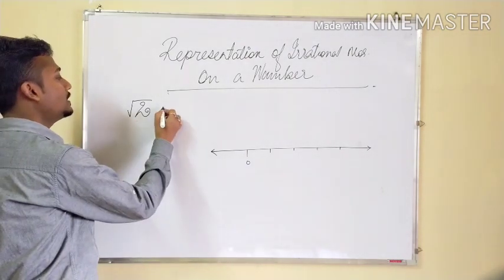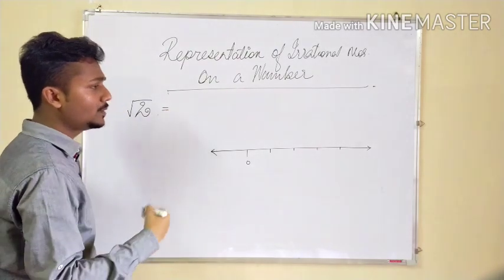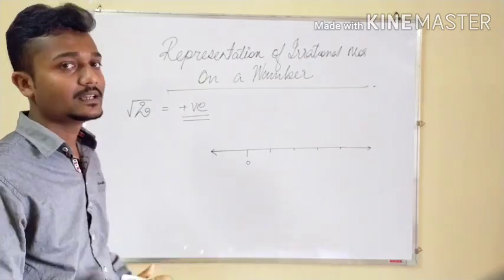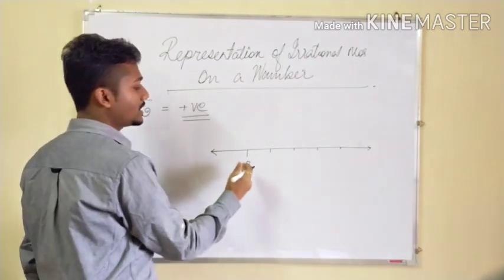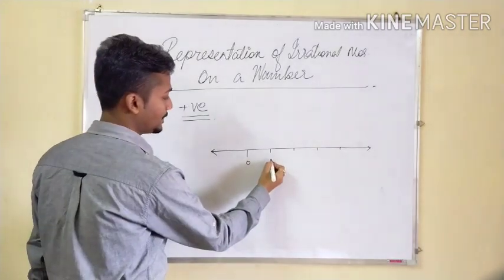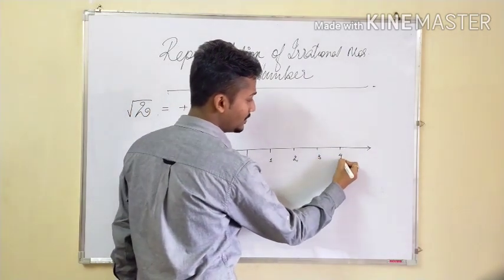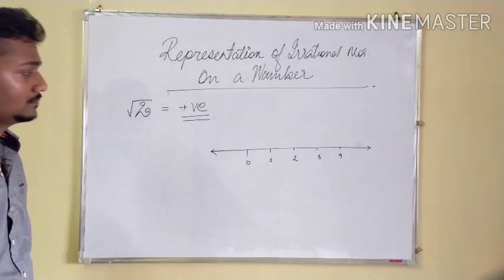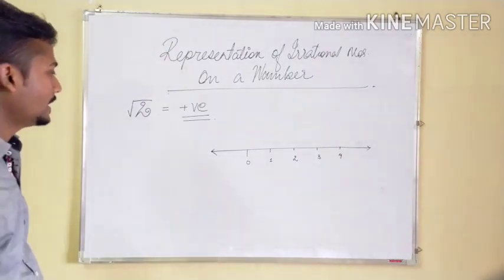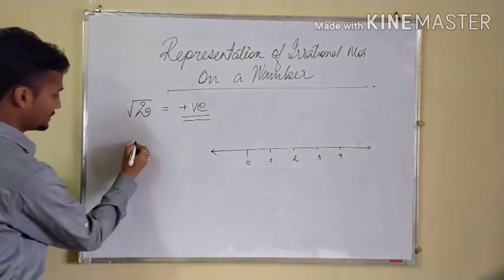Now it will be a positive value, and since it is positive, it will come on the right hand side of 0. So I mark it as 1, 2, 3, 4.